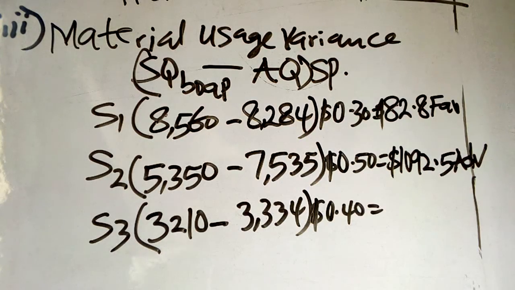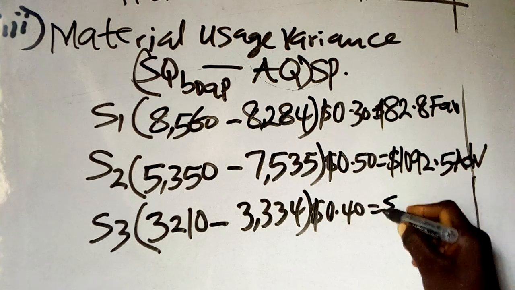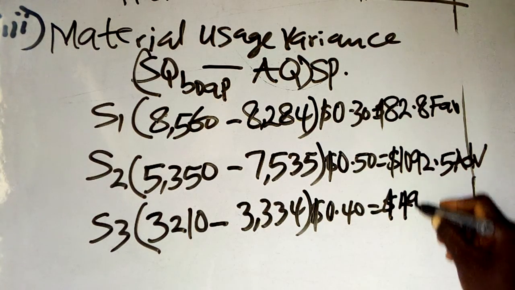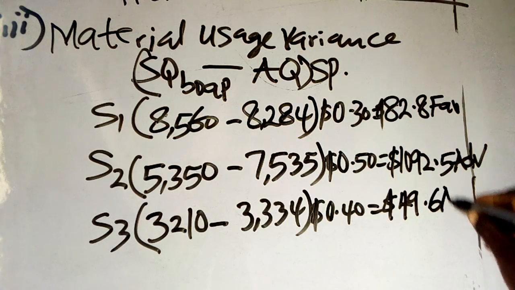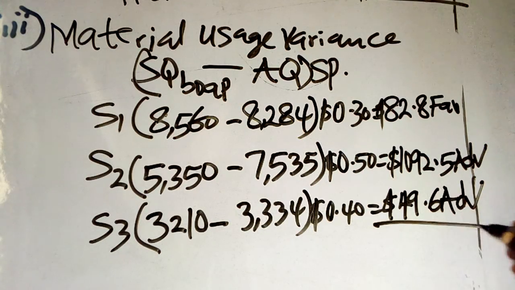The third one, 3,210 minus 3,334 multiplied by 0.4, gives us 49.6 adverse. So you now sum them up.